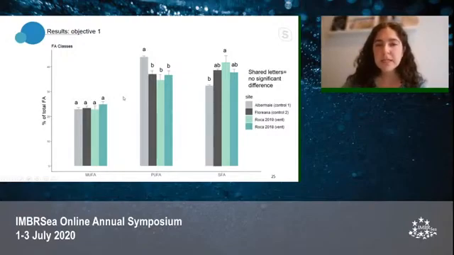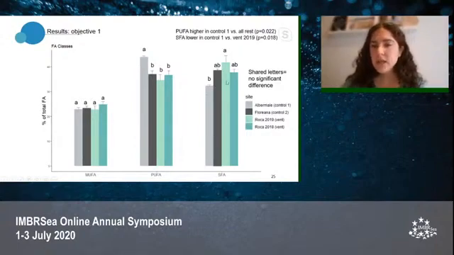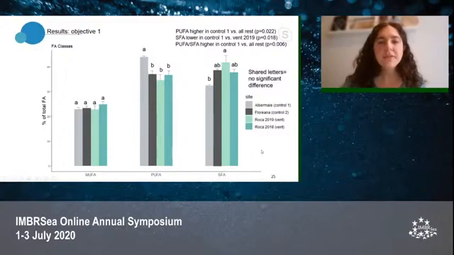So for PUFAs, polyunsaturated fatty acids, the control number 1, Albemarle, was different from all the rest. And saturated fatty acids were higher in the vent compared to control 1. And the PUFA to saturated fatty acid ratio was higher again in the control 1, Albemarle, compared to all the other sites.